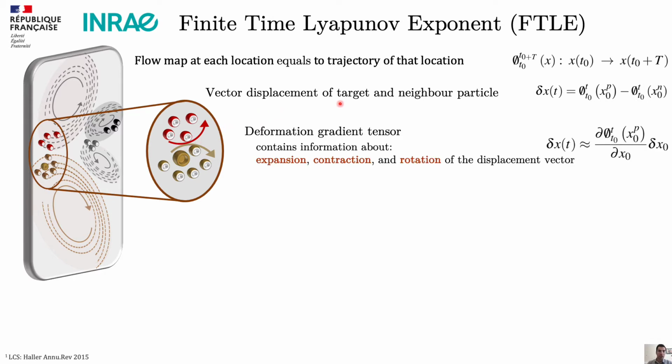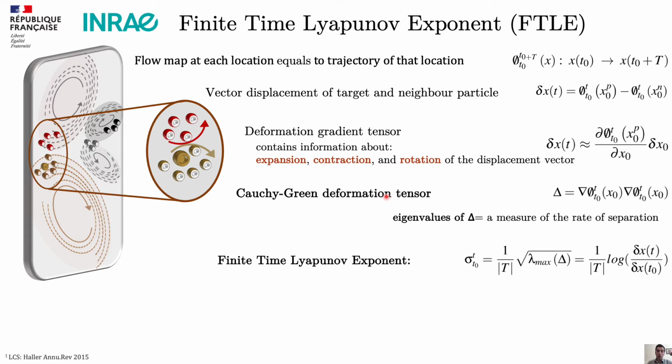This can end up with a deformation tensor, which contains information on the rotation between 2 particles, contraction and expansion. The maximum eigenvalue of this deformation tensor gives you the FTLE value, which is the parameter we are looking at to find whether these gold tracks are coherent and the red ones are non-coherent.